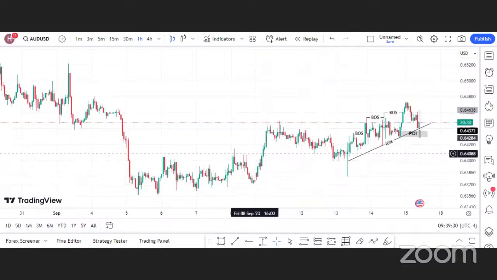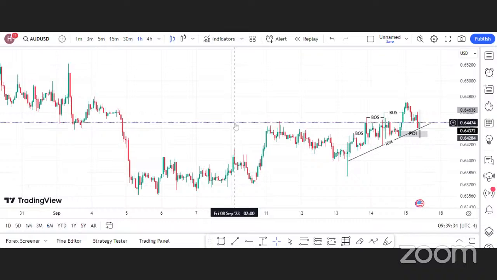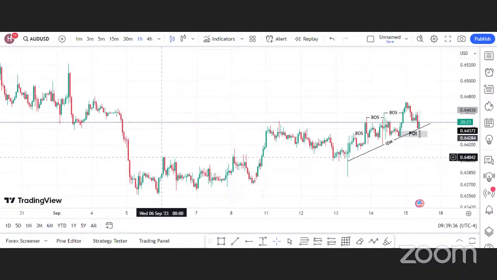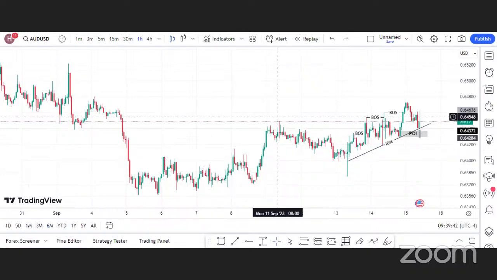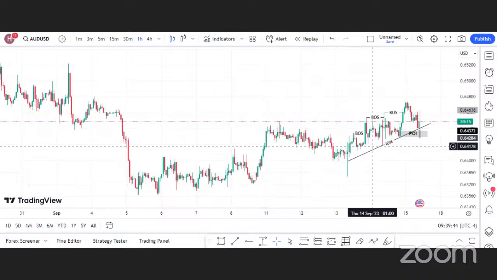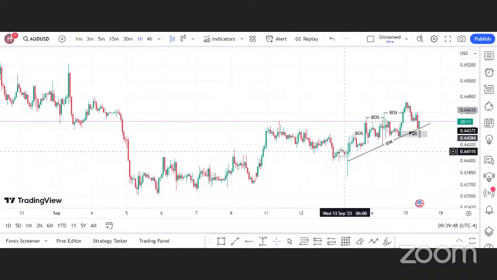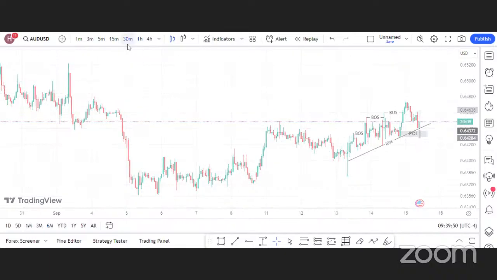The higher time frame already suggested that it's an uptrend. We have this big movement. This is a break of structure, another break of structure, and another break of structure. So this market is just making a retracement, and it's going to continue to go to the top side.